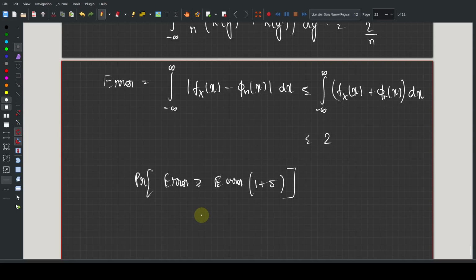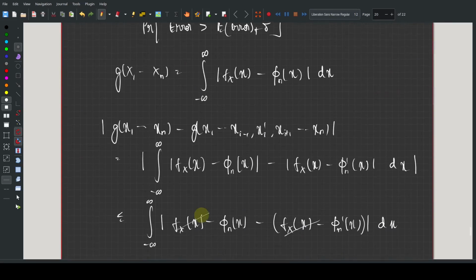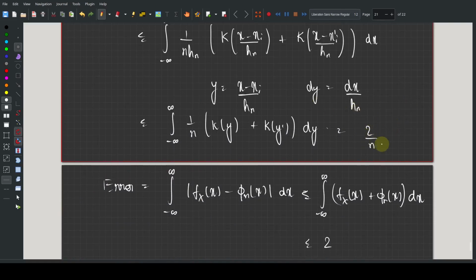Let's say using Chebyshev's inequality, I have a bound on the variance, right? Because it's a bounded function, so it satisfies the bounded differences property.